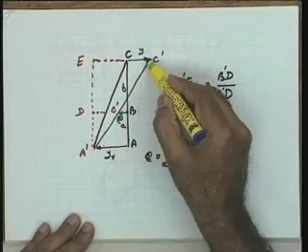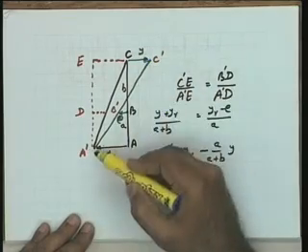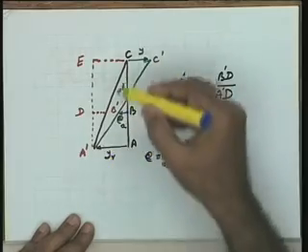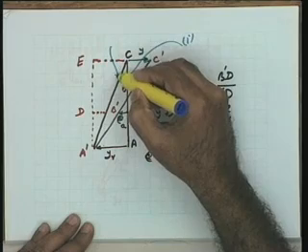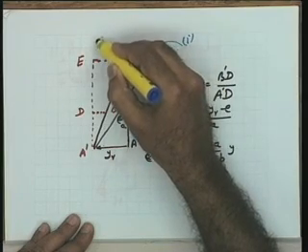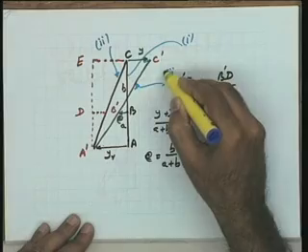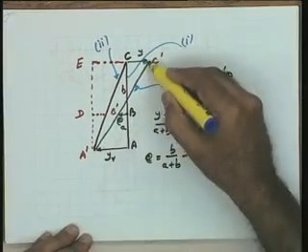You see from this particular diagram, A dash is this position and A dash, B dash, C dash is the new position of the lever. Let me say that I call this position 1, this was the intermediate position, position 2, and this is the final position, position 3. These are the three positions. Look at this triangle now.